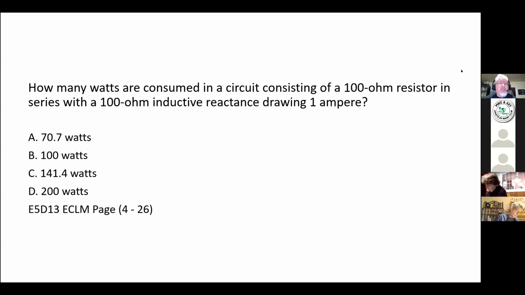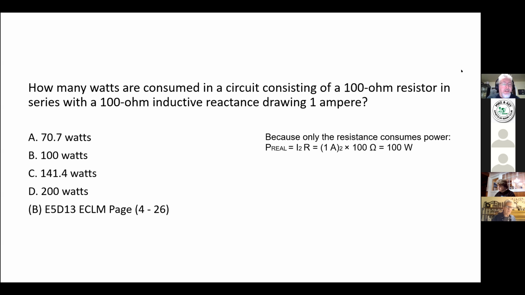How many watts are consumed in a circuit consisting of a 100 ohm resistor in series with a 100 ohm inductive reactance drawing 1 ampere? A, 70.7 watts, B, 100 watts, C, 141.4 watts, or D, 200 watts?